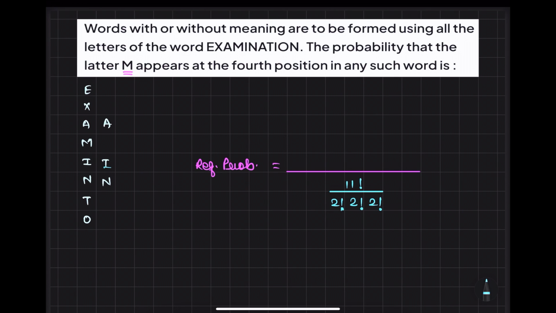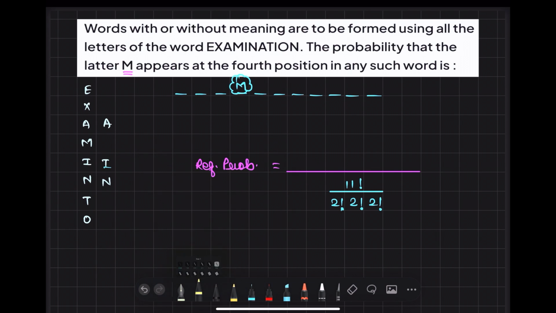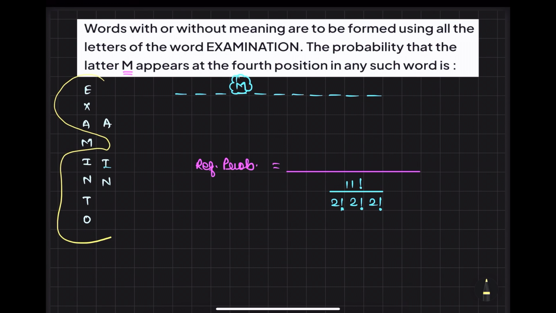Now you know that there exist 11 slots: 1, 2, 3, 4, 5, 6, 7, 8, 9, 10, 11, in which the fourth position is already occupied because of the question. The question says that the fourth position will be occupied by M. So you have to arrange the remaining letters in the remaining space.